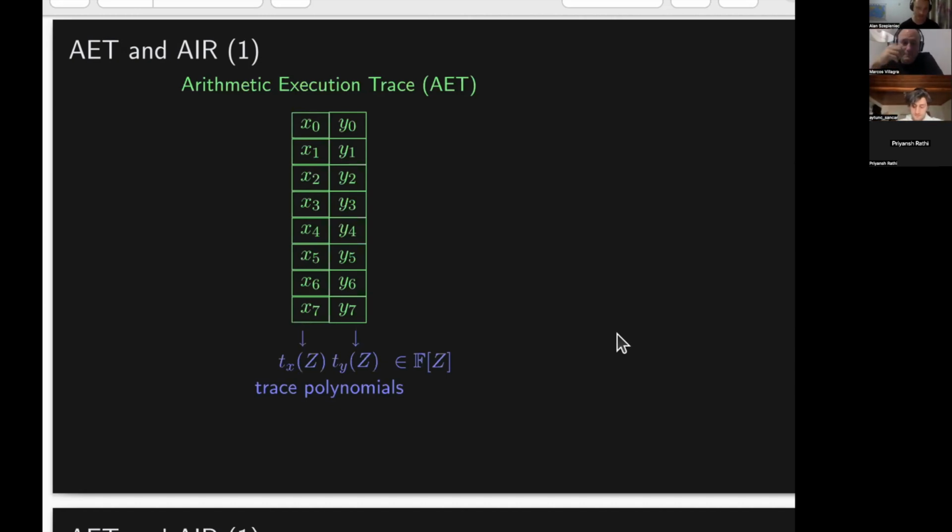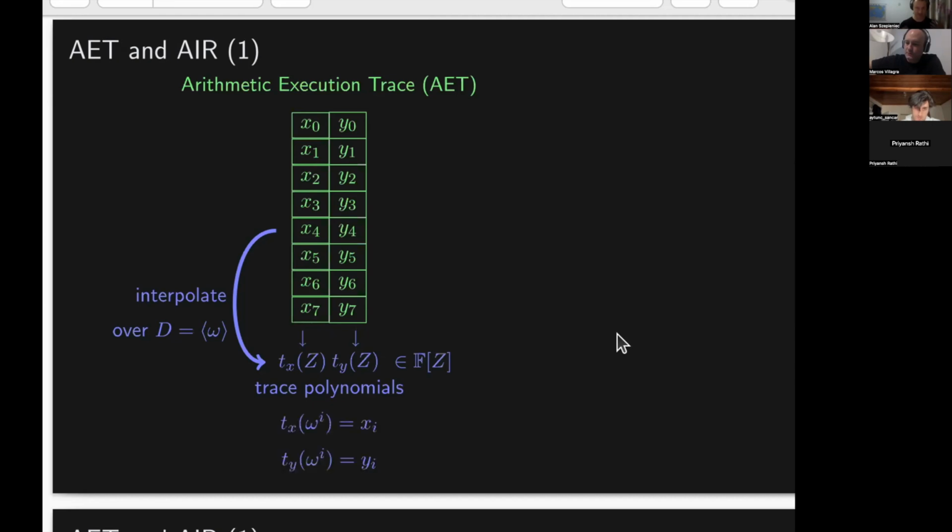That interpolation gives us trace polynomials, and this interpolation happens typically over some subgroup of order 2 to the k. Order doesn't really matter that much. The point is that the polynomial evaluated in some generator to the power i gives us the ith cell of that column. So in this way, we can switch between columns and polynomials without loss of generality.